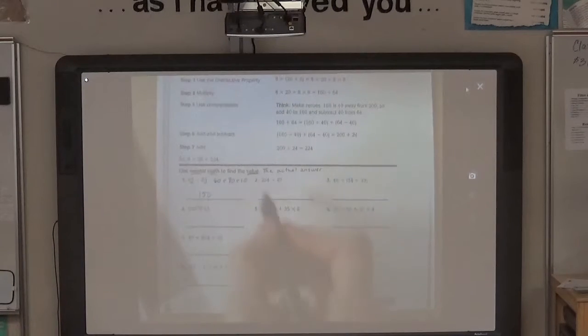How can we use mental math here? It's a little tougher. What if we took 3 away so that we had 84 instead of 87?